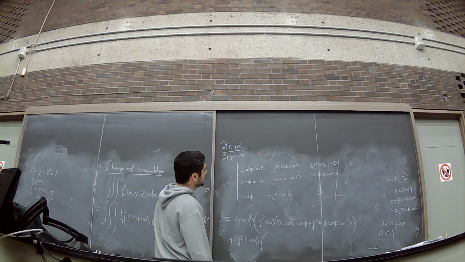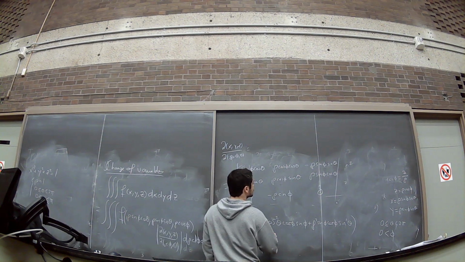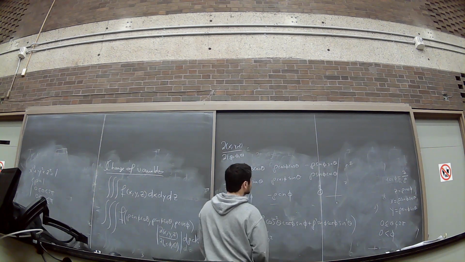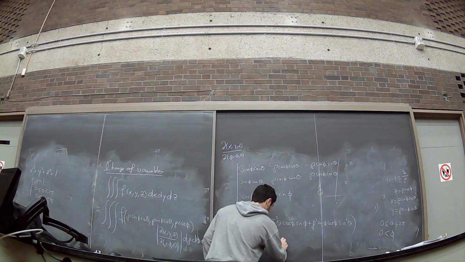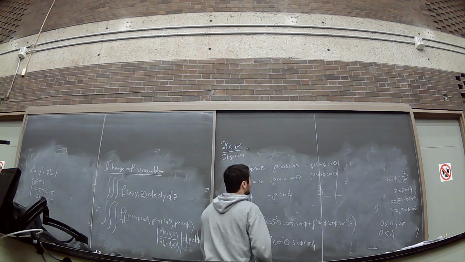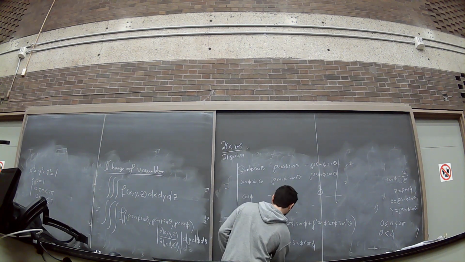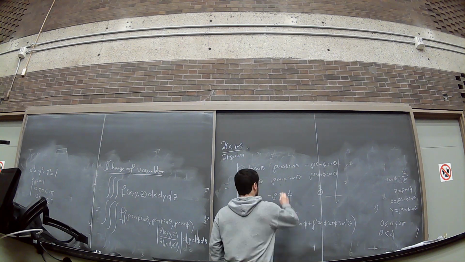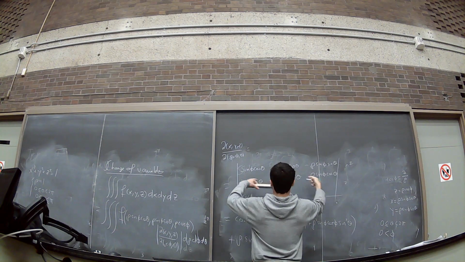So what do we have? We have rho squared sin phi cos squared theta. No, what am I doing? This is wrong, right? I expanded along the wrong line. So what do you get?